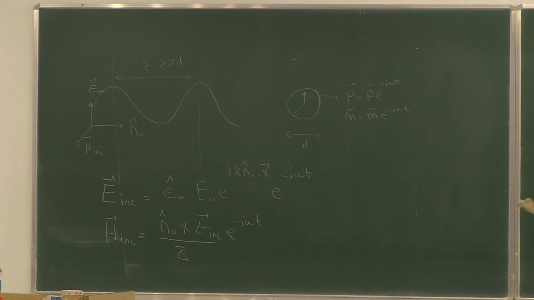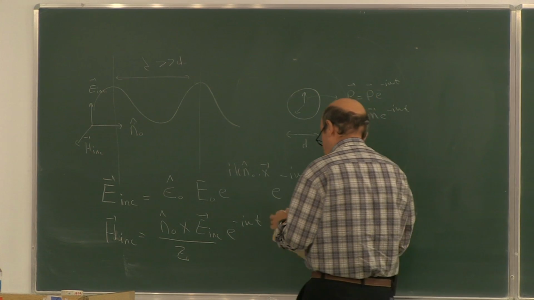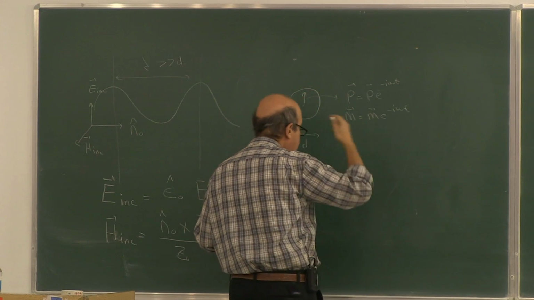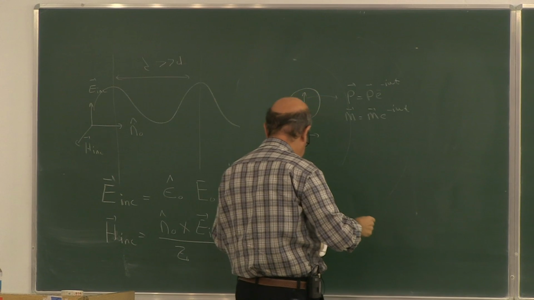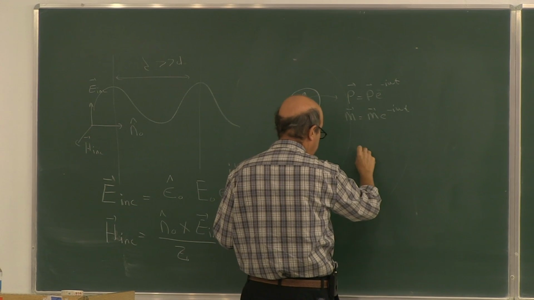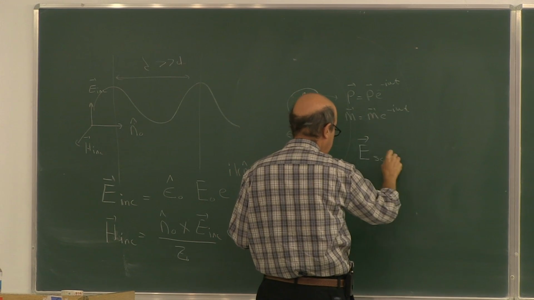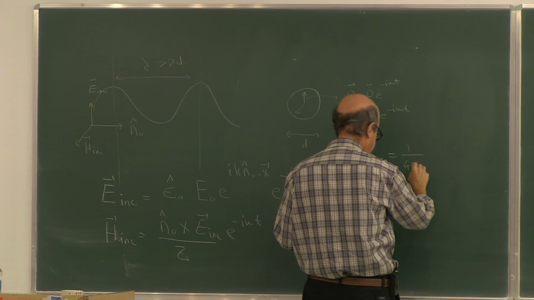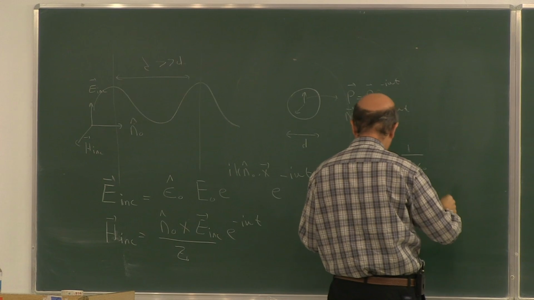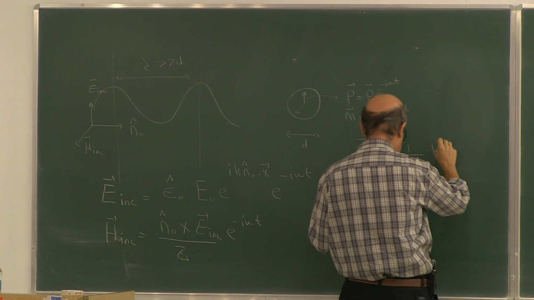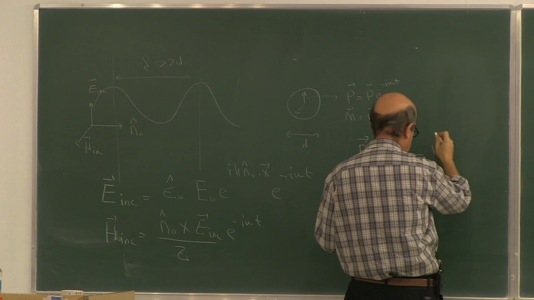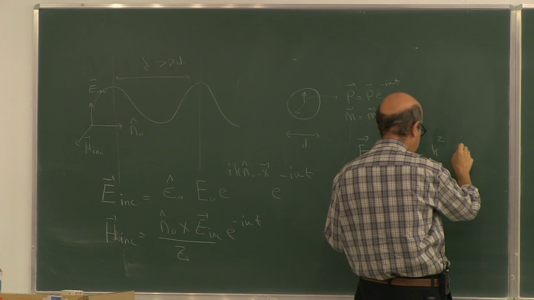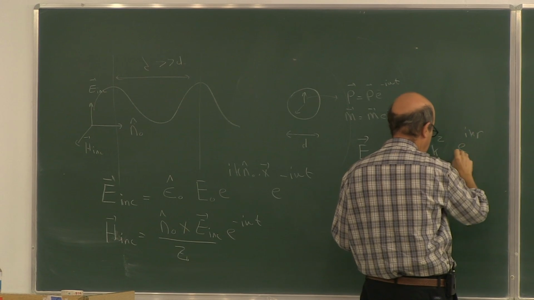And last time we investigated the scattered fields as the radiating fields of the electric and magnetic dipoles. We have shown that the scattered E field could be written as 1 over 4 pi epsilon 0, k squared, e to the i k r over r.